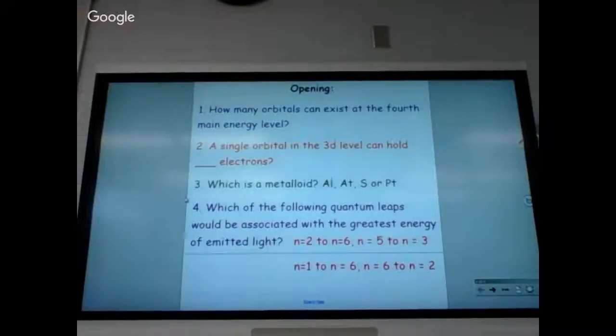Today's the 8th. Yes, it is. Nice. I'll get 2 more stars.